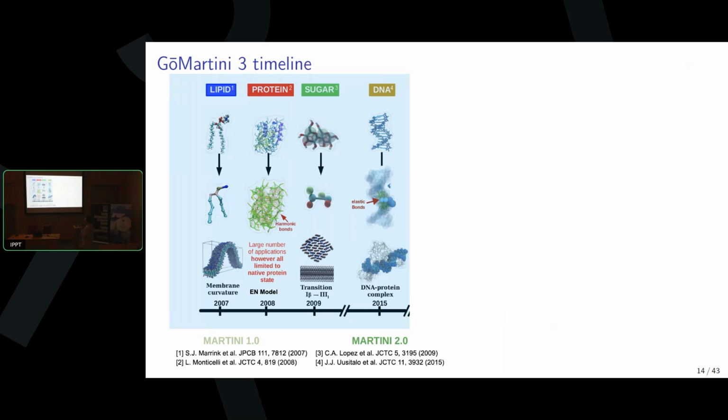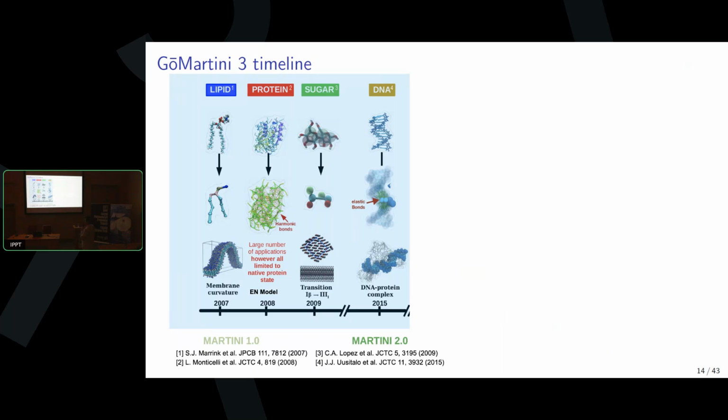Proteins in Martini potentials, which are coarse-grain potentials, require information about the structure, but they chose the elastic network as the potential to retain the structure of the protein. Of course, this limited the study of conformational changes for that system.